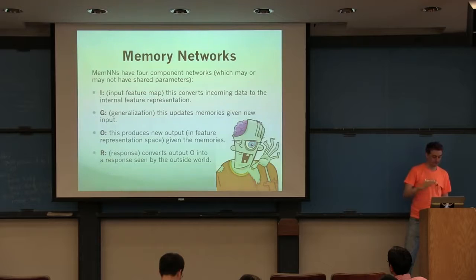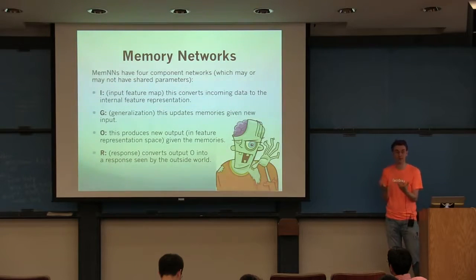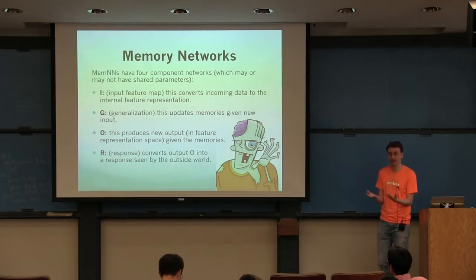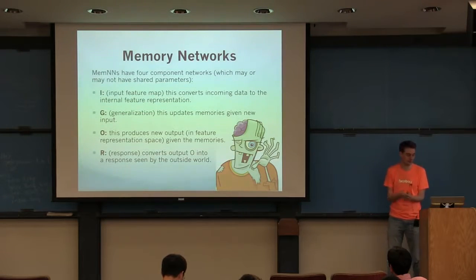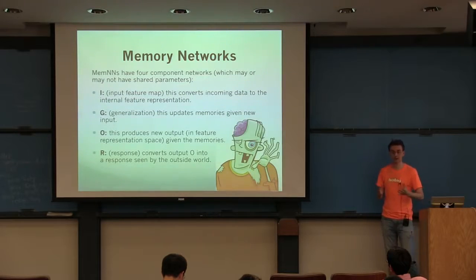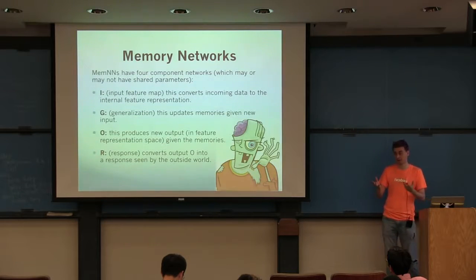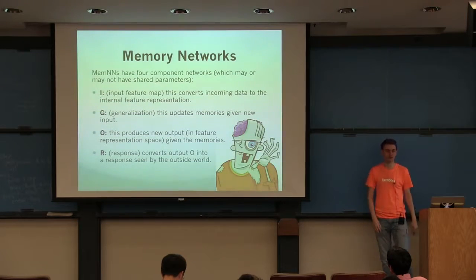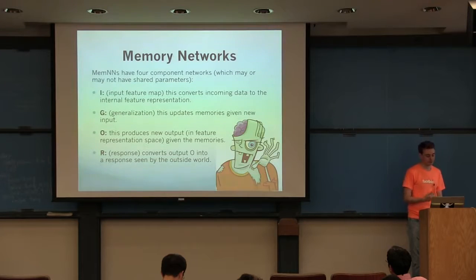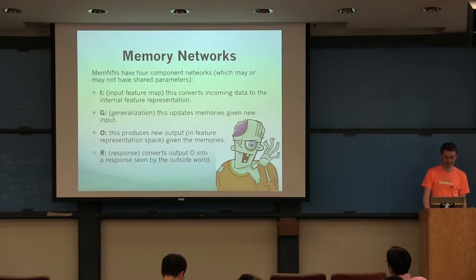And then in the final component, the R component, that's where you use these output features to actually make the final response. In our case, that's outputting the answer. Given that you knew how you wanted to answer a question, you can then, in the R component, just phrase the answer sentence, how you want to present it to the person you're speaking to, for example. So that's a super high level set of models.